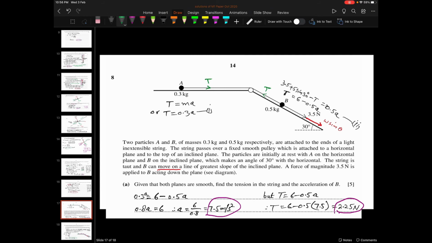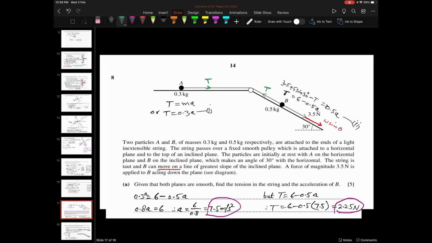A force of magnitude 3.5 Newton is applied to B acting down the plane. A part. Given that both planes are smooth, find the tension in the string and the acceleration of B.